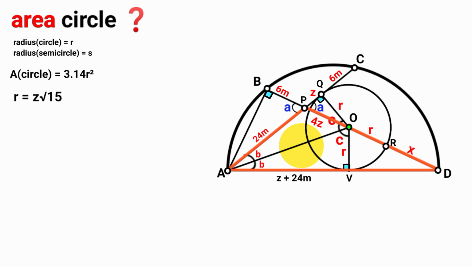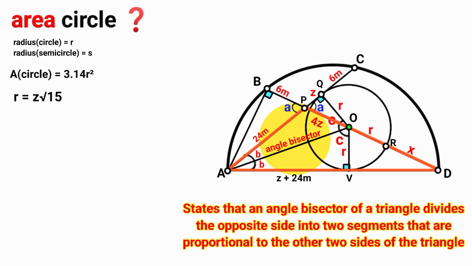This line AO bisects this angle A. Therefore, it is an angle bisector of the triangle. There is the angle bisector theorem, which states that the angle bisector of a triangle divides the sides it intersects into two segments which are in the same proportion as the other two sides. So by this rule, this segment is in the same proportion with this as this side is to this.